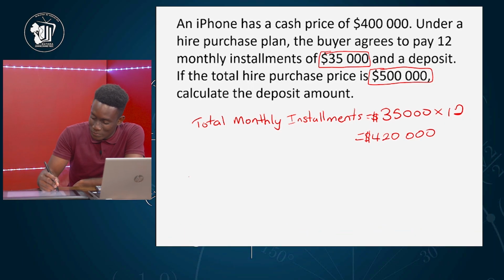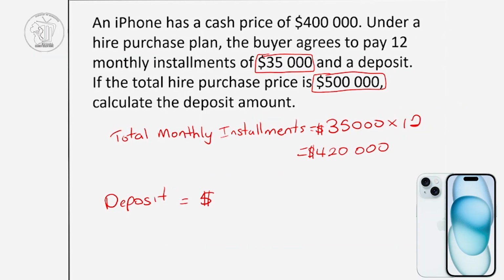So the deposit would be $500,000 subtract $420,000.